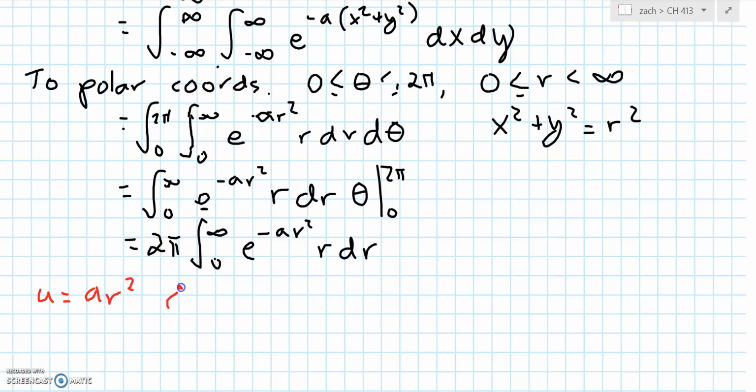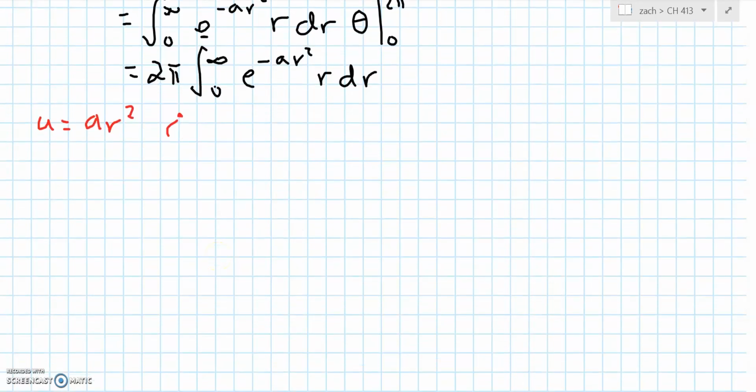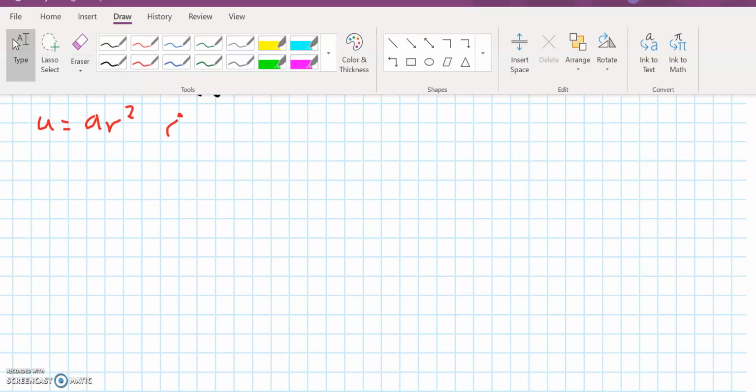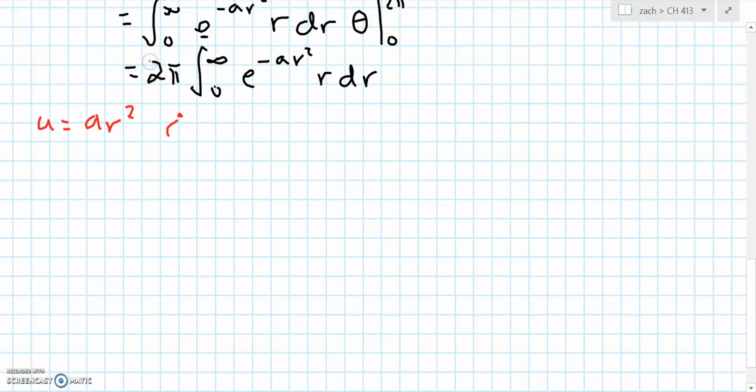So then we have that du is 2a r dr, and thus dr is equal to 1 over 2a r du.